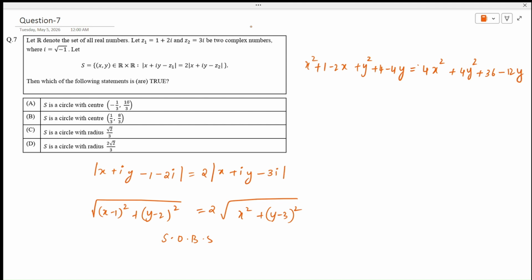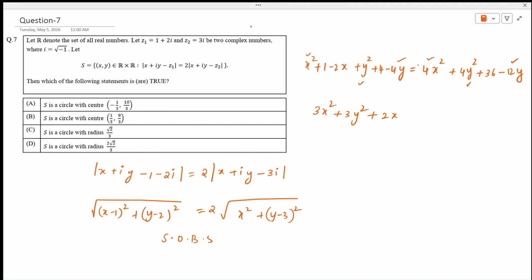That's it, right? Now, if you send everything to the right hand side, you will get 4x square minus x square, which is 3x square. Then 4y square minus y square is 3y square. And minus 2x becomes plus 2x.